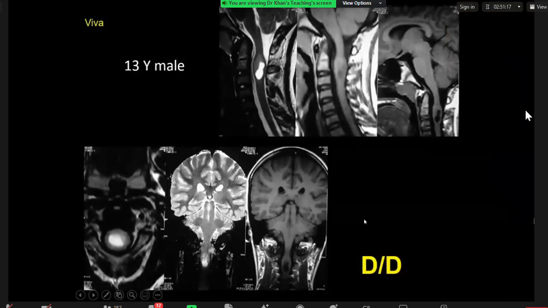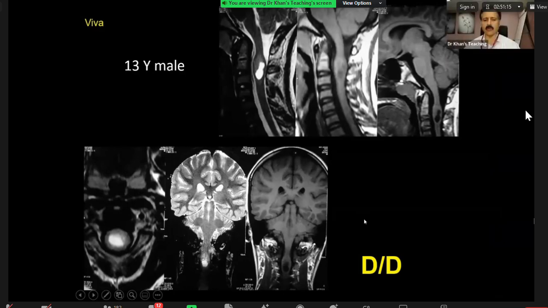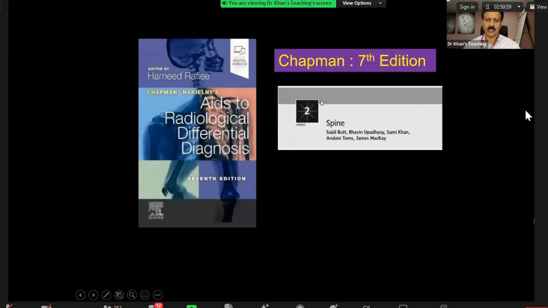They can show you a case of NF2 where it will be a child, 5 years old, with ependymoma, and there might be something sitting upstairs in the brain. Once you pick it up, you say that you want to see the neural axis, and you will pick it up.